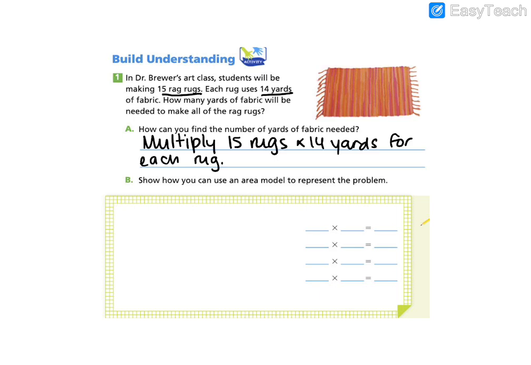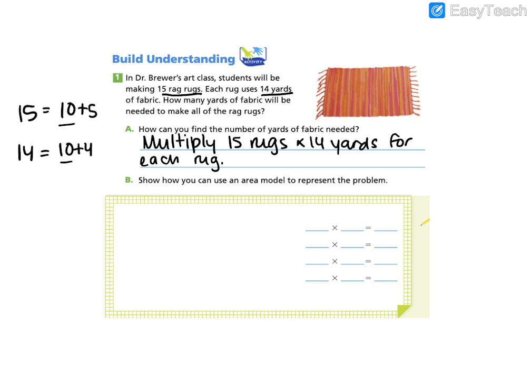Okay, so now we need to create an area model. Now, if you remember when we made an area model before, we needed to use expanded form to help us create that area model. This time, both of our factors can be written in expanded form. 15 is equal to 10 plus 5, and 14 is equal to 10 plus 4.